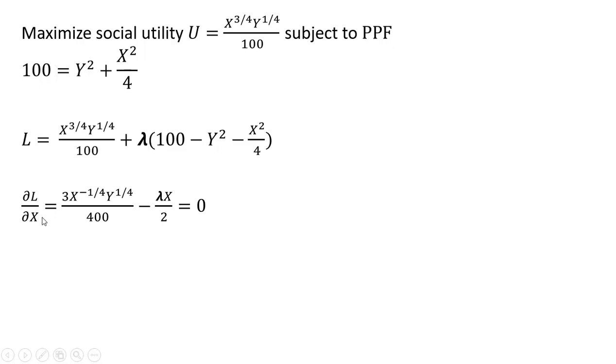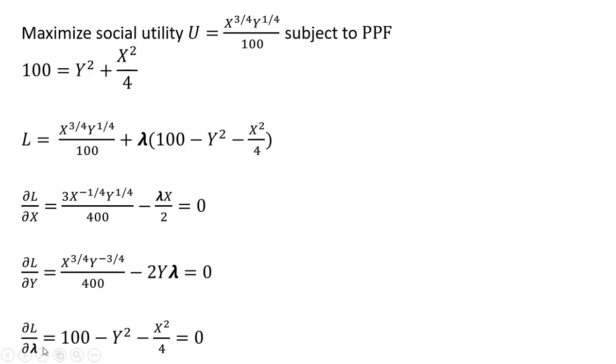The partial derivative of the Lagrangian with respect to x, we get this result here. And the partial derivative of the Lagrangian with respect to y, we get this result right here, setting both these partial derivatives equal to 0. And then the last partial derivative is with respect to lambda, and we just get back what's in parentheses.